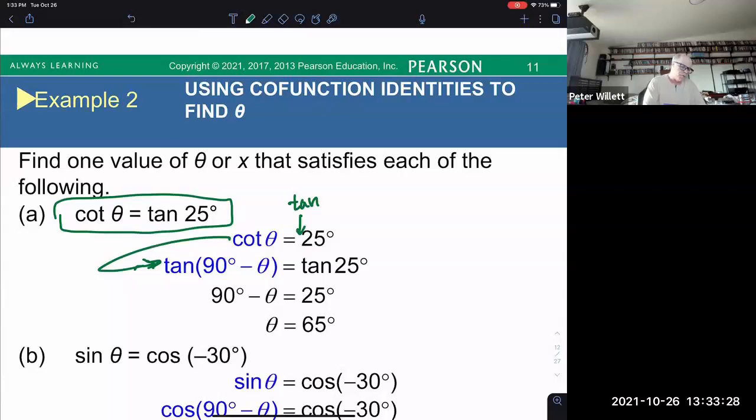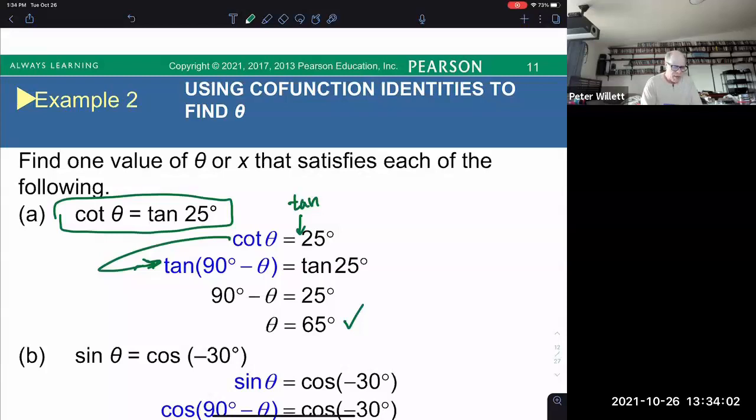And so if we want tangent of 90 degrees minus theta to be the same as tangent of 25 degrees, well, the simplest way that would happen is if the angle inside is also 25 degrees. So that means that 90 minus theta has to turn out to be 25 degrees. And if you solve for theta, you get 65 degrees. And you could confirm on a calculator that cotangent of 65 degrees is the same as tangent of 25 degrees.